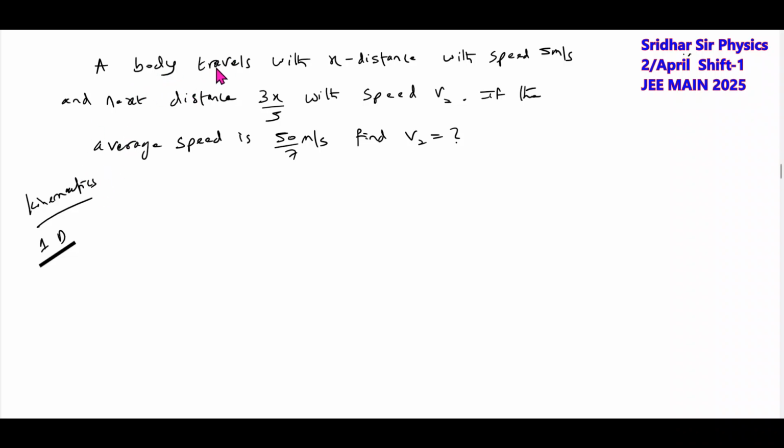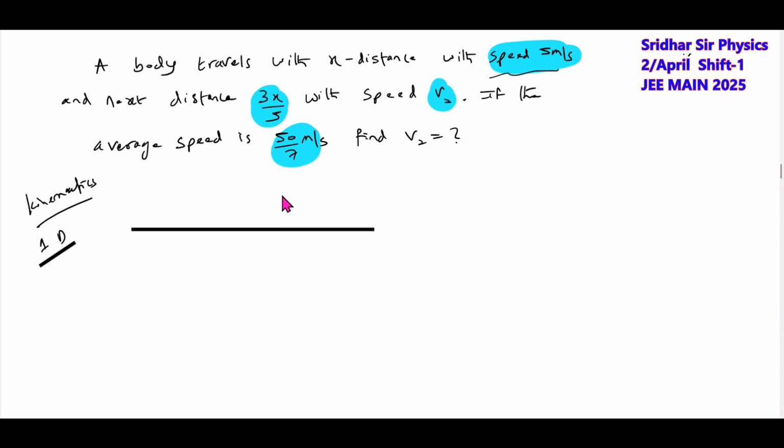A body travels x distance with speed 5 meters per second, and the next distance 3x by 5 with speed v2. If the average speed is 50 by 7, find v2. So the basic condition is like this. It will cover a distance x with a speed of 5 meter per second.